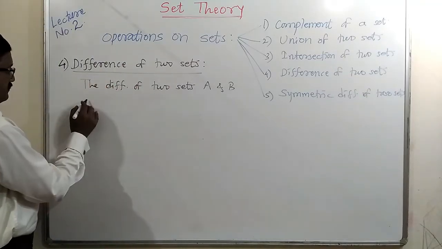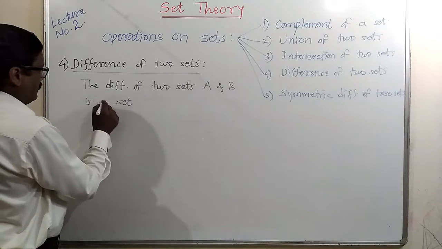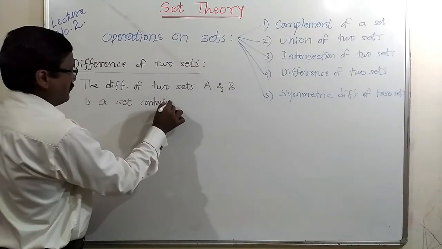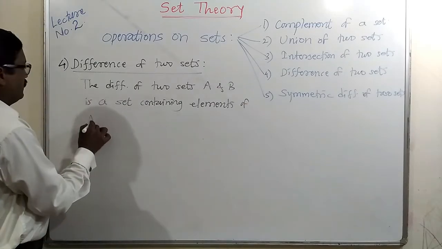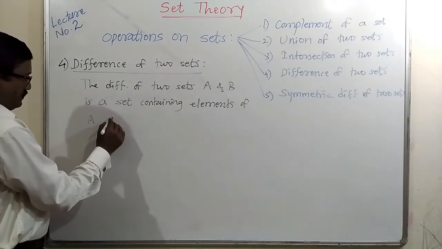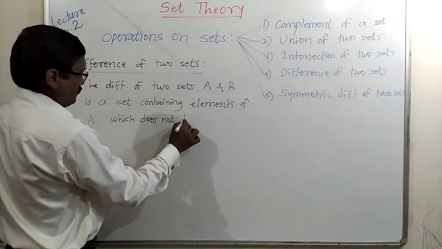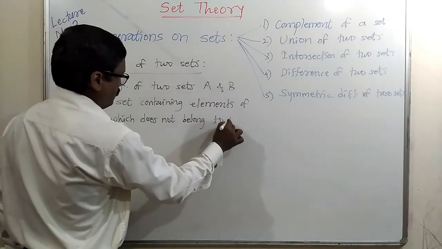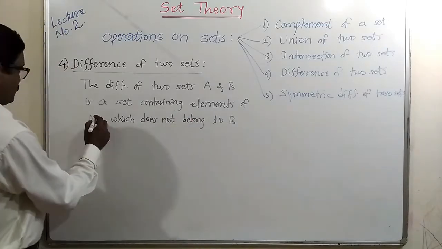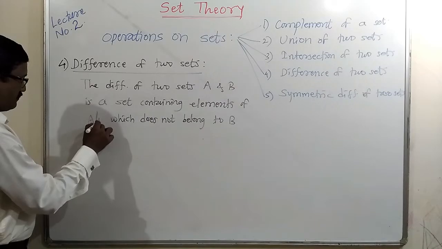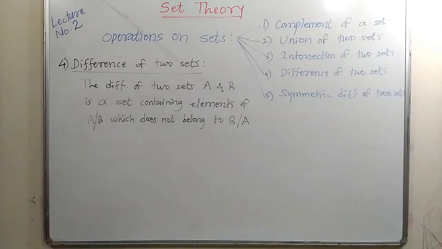The difference of two sets A and B is a set containing elements of A which do not belong to B. Means that it's a set of elements of A which are not in B, or it's a set which contains elements of B which do not belong to A. Let us see the figure for this.